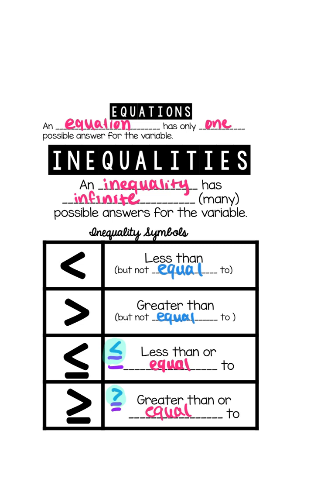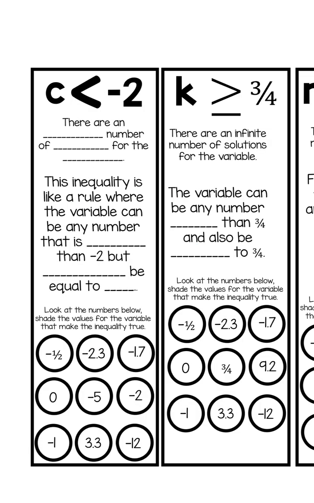So let's go to the inside. Okay, we're gonna start right here. This says C is what? That is read as C is less than -2.